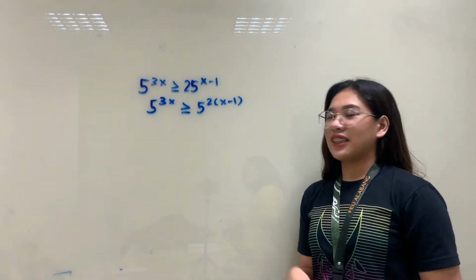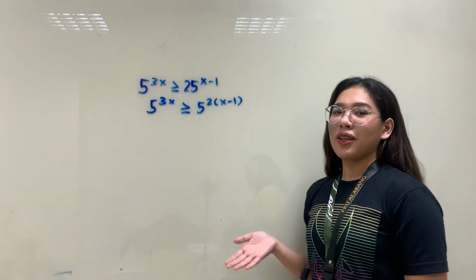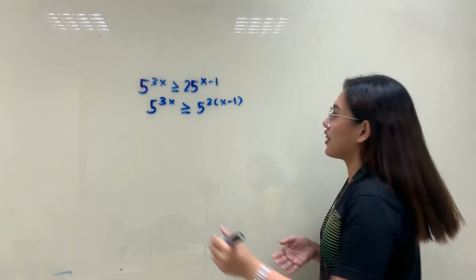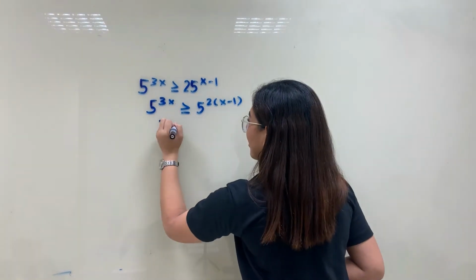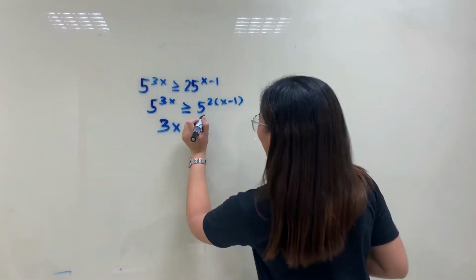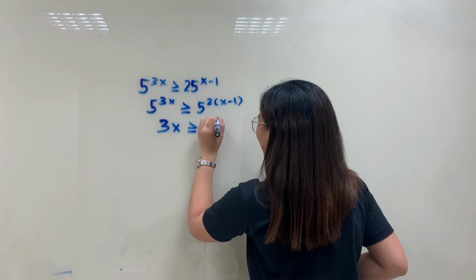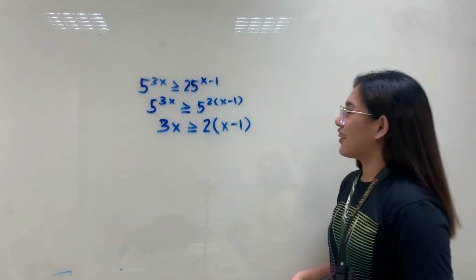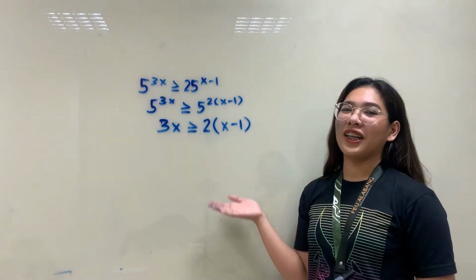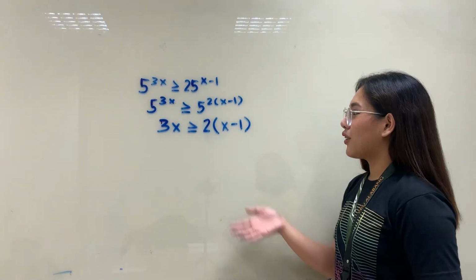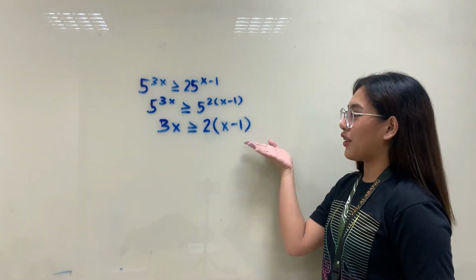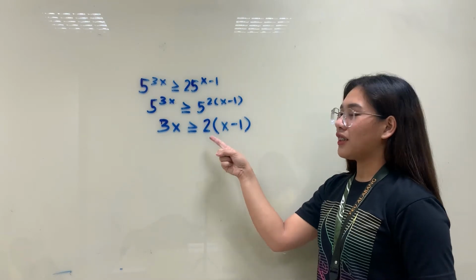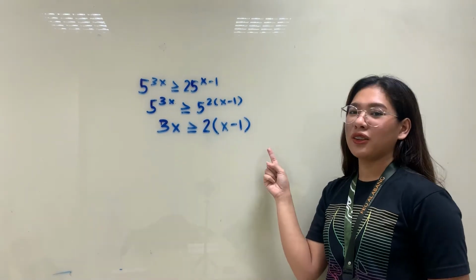Now that we have the same bases, we can bring down the exponents. Now that we have brought down the exponents, we can solve for this side, which is we should distribute 2 to x minus 1.